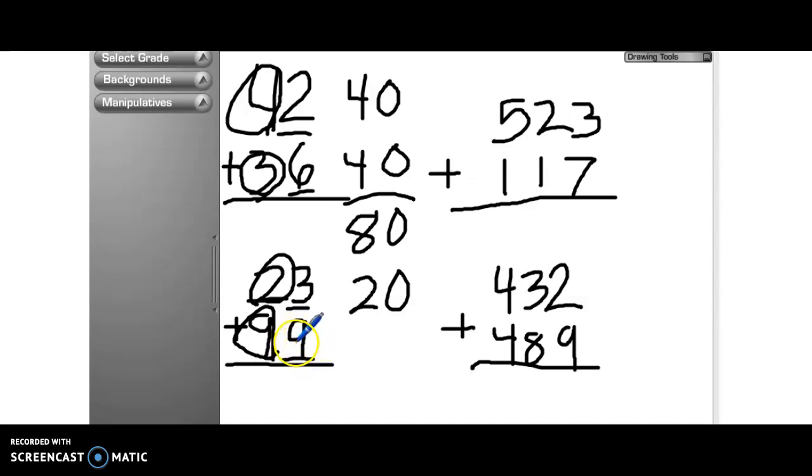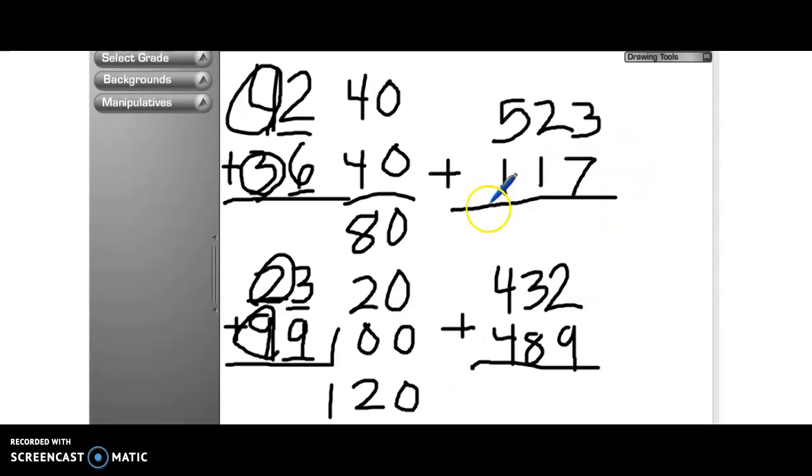And I know that 9 is more than 5, so that turns into a 0. But I need to turn the 9 into a 10. So now my number turns into 100. So I do 0 plus 0 equals 0, 2 plus 0 equals 2, and 1 plus 0 equals 1. So my answer is 120.